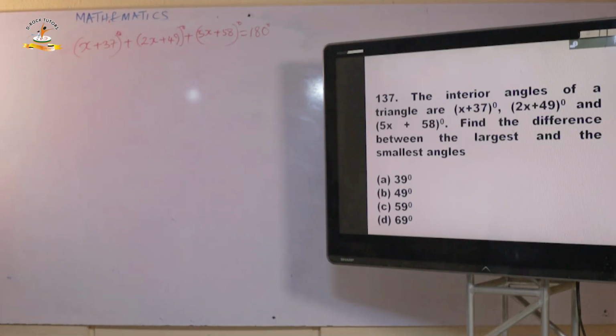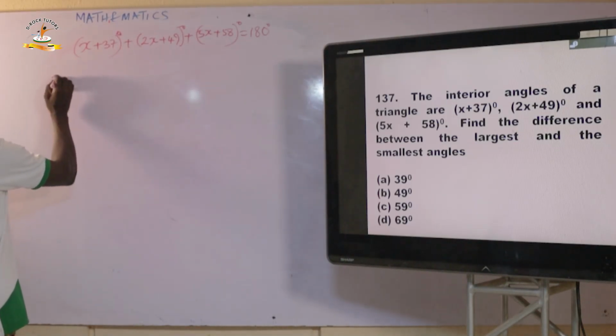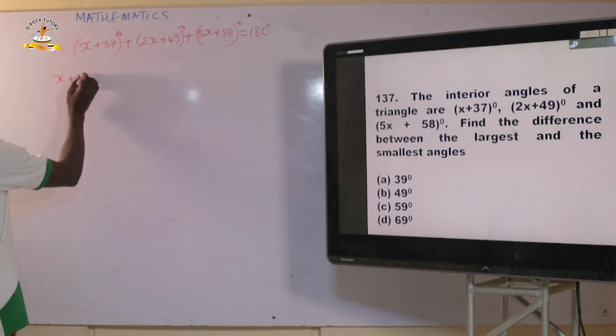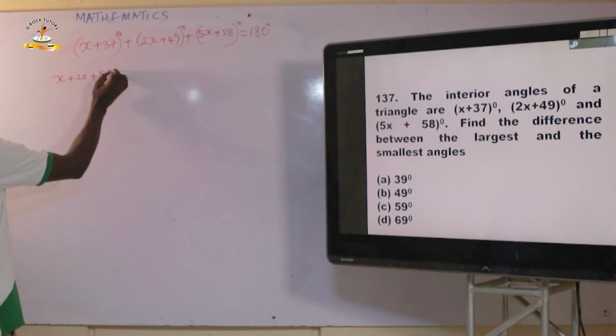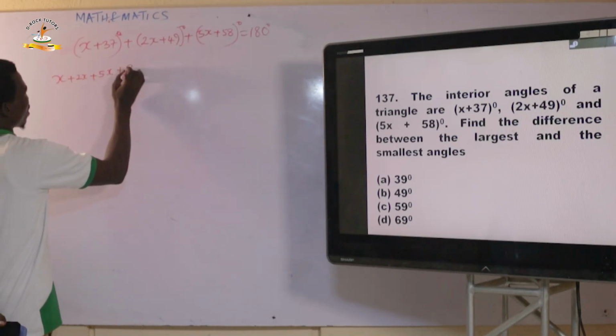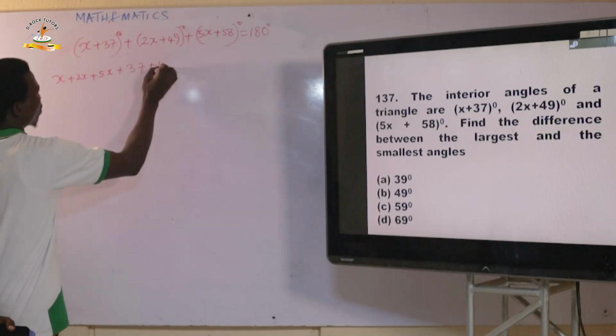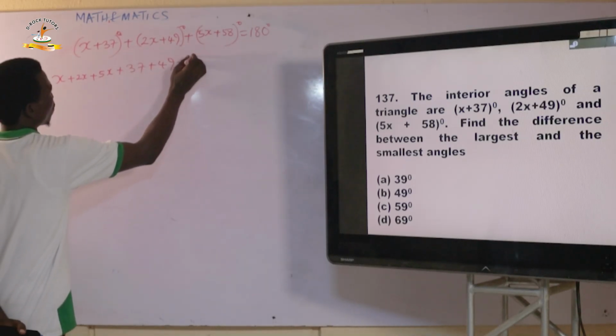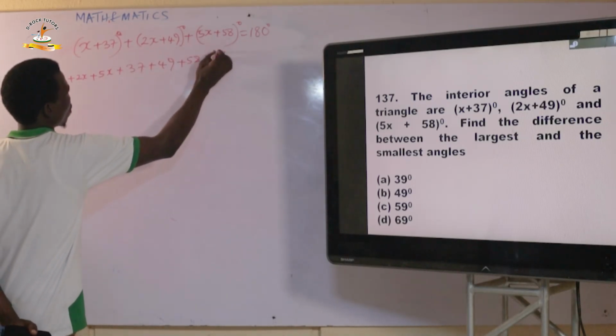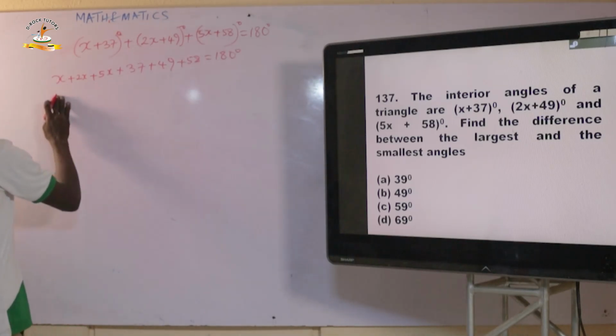So this is just the idea, and with that I can collect terms. This is going to be x plus 2x plus 5x plus 37 plus 49 plus 58 equals 180 degrees.